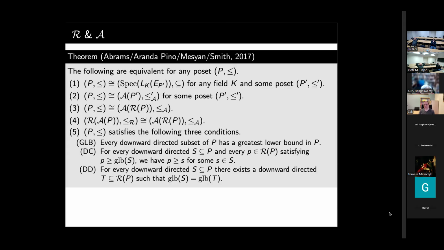Okay, Zach, let me stop you for a second. I'm staring at your condition number one, and I can appreciate that the whole business is field independent. But now, a very stupid question. Can I have a graph that is not of the form E_P for some poset P?